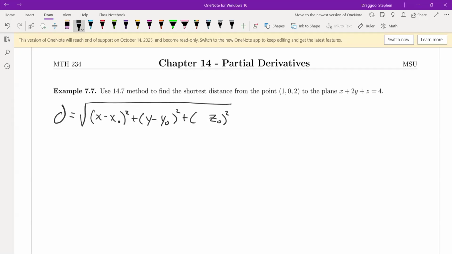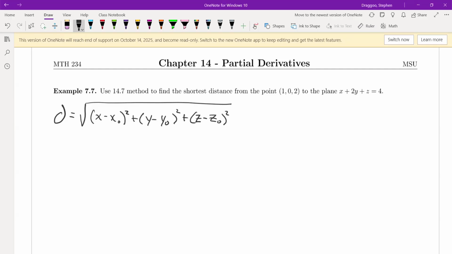And I know some things in here. If I'm looking for the distance between a point and a plane, then that point is going to be my fixed values, the x naught, the y naught, the z naught. That's my point because it doesn't change. But I can have whatever point I want on the plane, as long as it's the closest to the point that's fixed.